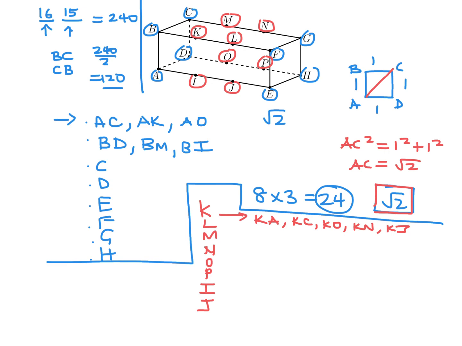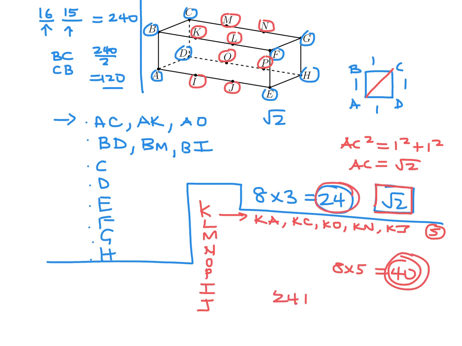Yeah, so that's 5 for K. And then similarly, all the other ones would behave the same because they're pretty much the same in terms of their location. So since there are 8 of them, there's going to be 8 times 5 of these guys, so 40.